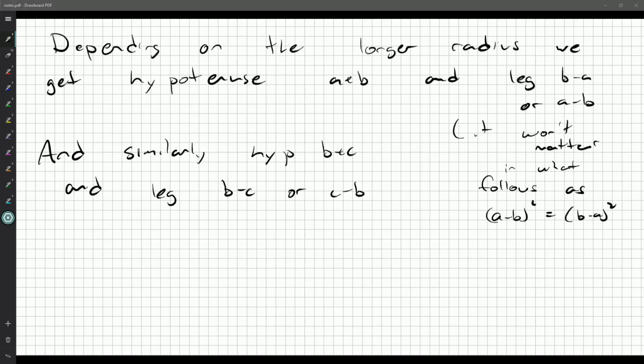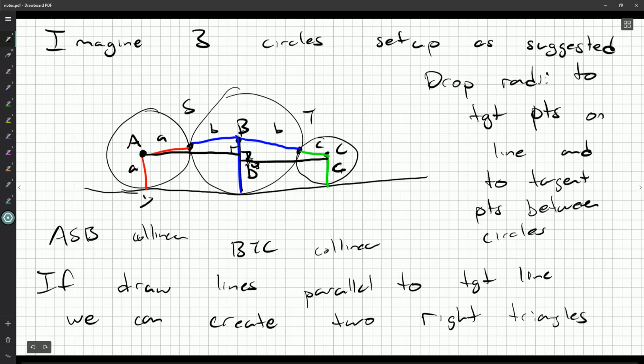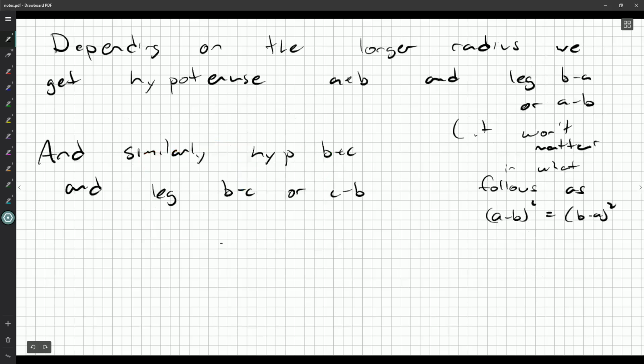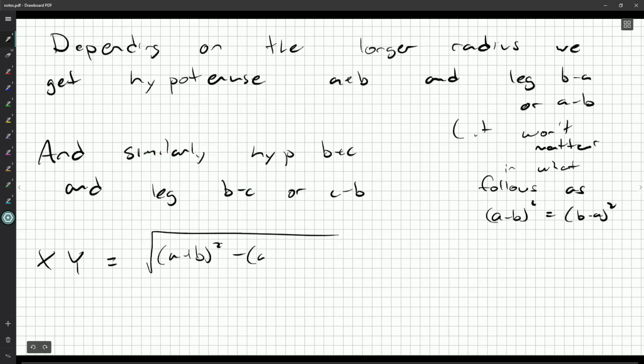Okay, so now I guess then, did I give a name to these? Let's call this X and Y just to be as general as possible. So length XY is going to be the square root of (A plus B) squared minus (A minus B) squared. Doesn't matter which one, B minus A if you want it to be. And then (B plus C) squared minus (B minus C) squared. So these guys are difference of squares.